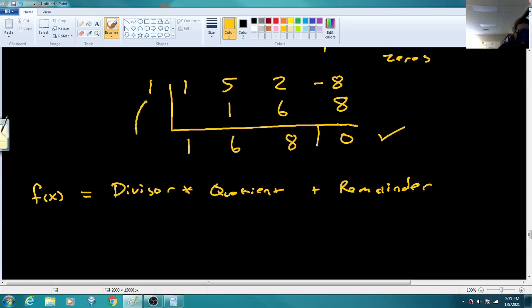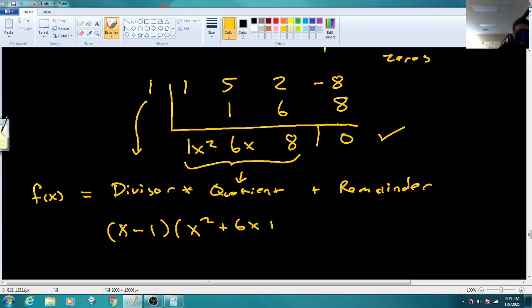If we have a 1 here, that tells me the divisor is actually x minus 1. These numbers here tell me information about the quotient. This is no x, that's x to the first power, that's x squared. So our quotient is x squared plus 6x plus 8. Plus our remainder is 0, and plus 0 doesn't do anything, so we don't have to put a 0 here.